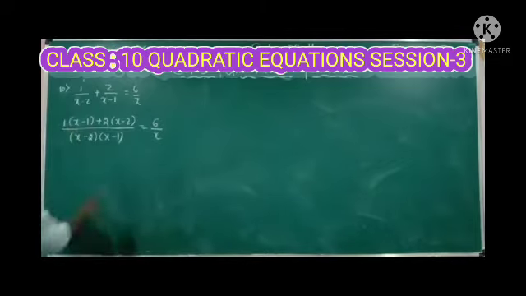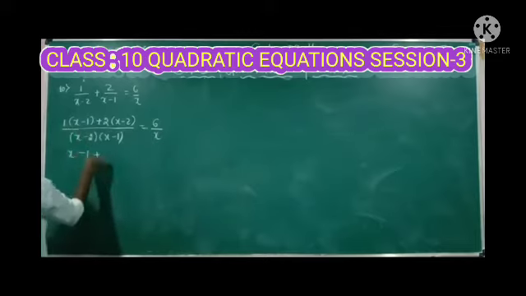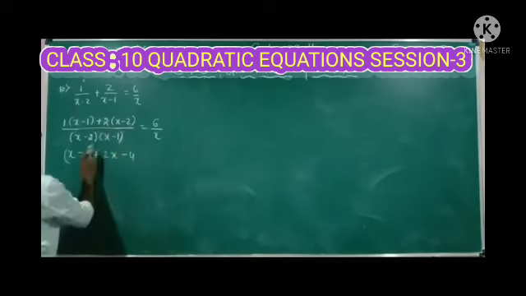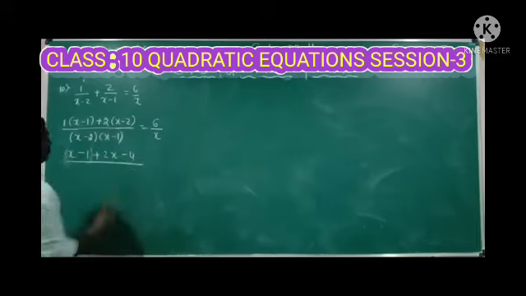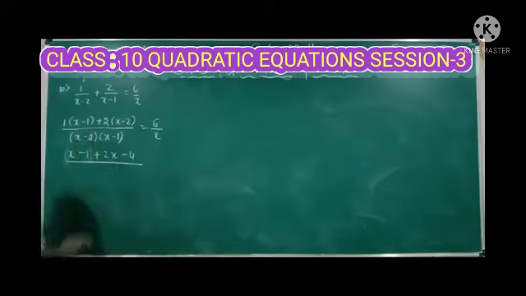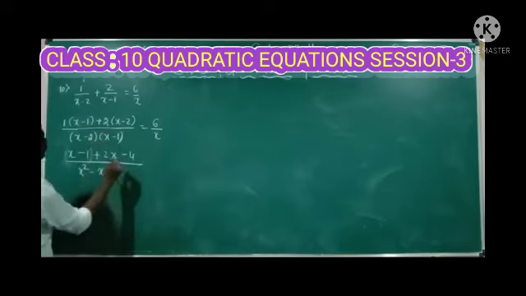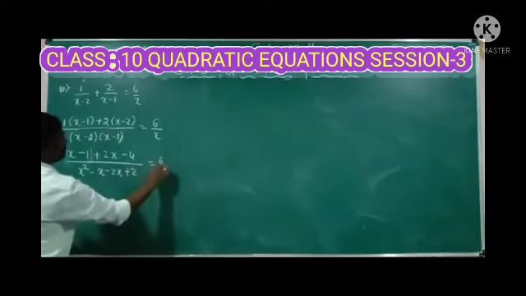Simplify the numerator first. 1 into x is x, 1 into minus 1 is minus 1, plus 2 into x is 2x, 2 into minus 2 is minus 4, whole divided by the product of these two binomials. x into x is x squared, x into minus 1 is minus x, minus 2 into x is minus 2x, minus 2 into minus 1 is plus 2, equal to 6 by x.